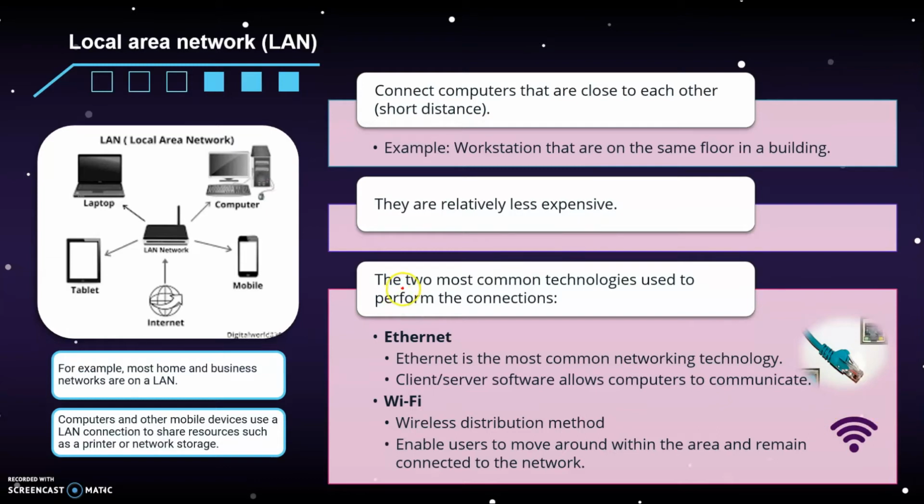So the two most common technologies used to perform the connections of LAN, okay, is Ethernet, okay. Ethernet is when we use network cables to link those computers together, okay. Here is an example of Ethernet, okay.